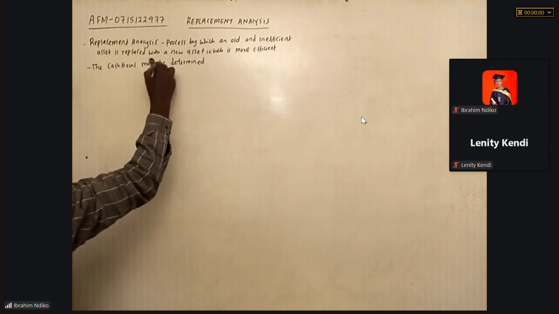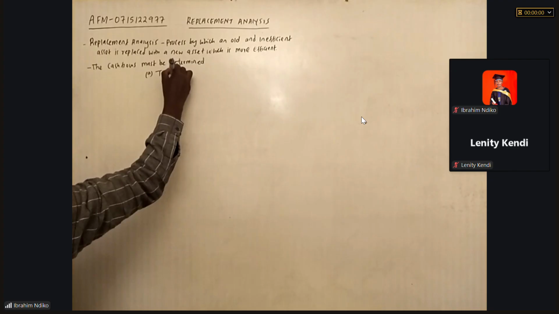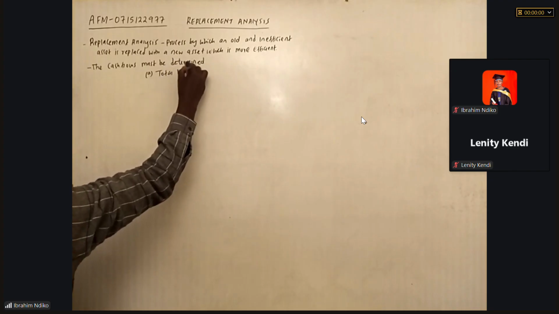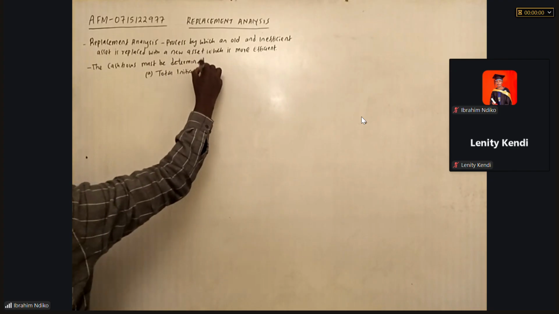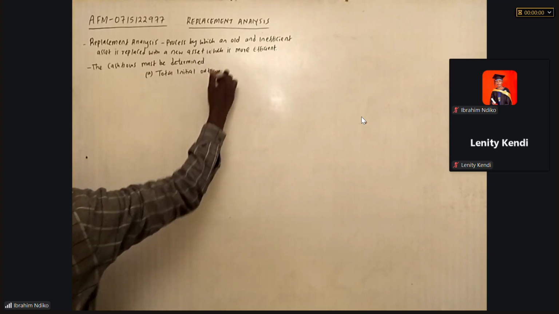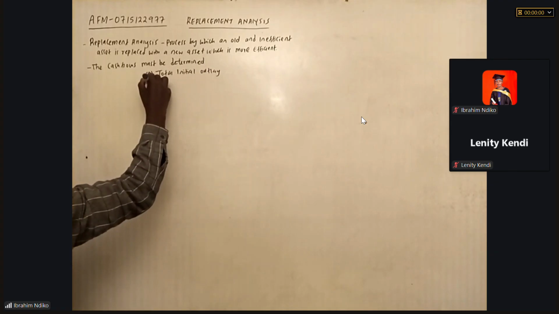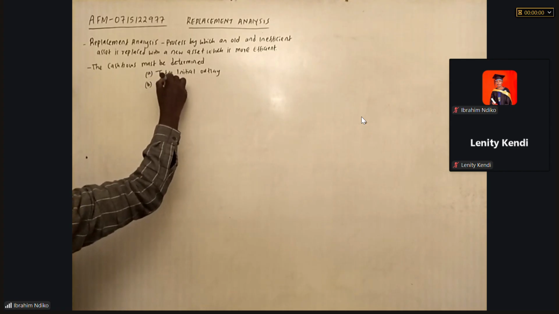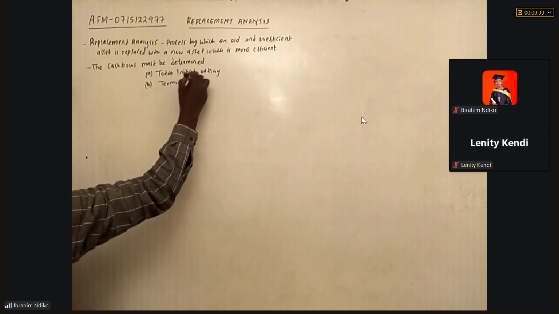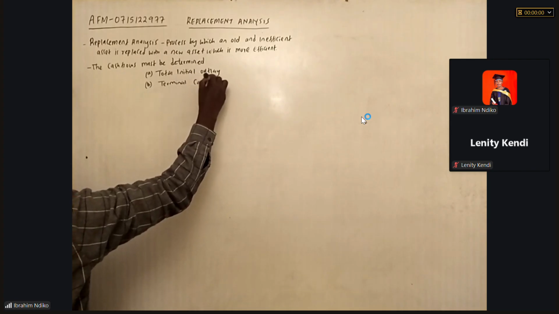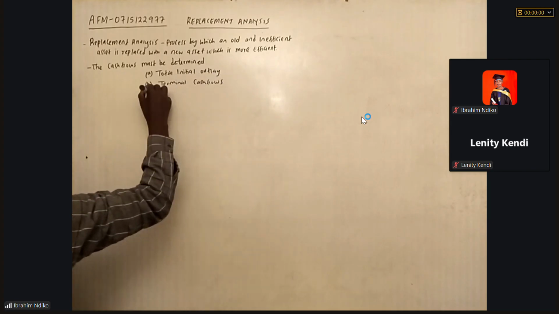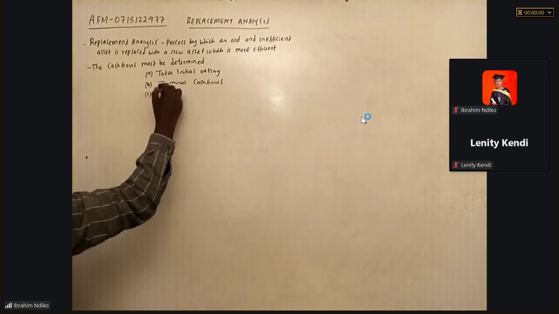Number one, total initial outlay. Number two, or number B, terminal cash flows. Number C, net operating cash flows.